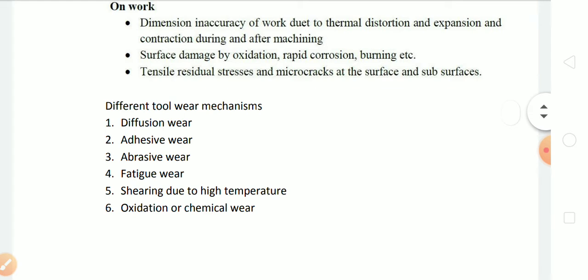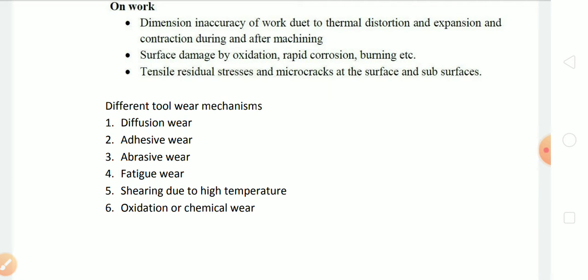The fourth one is fatigue wear, the fifth one is shearing due to high temperature, and the sixth one is oxidation or chemical wear. In these six mechanisms, the chief cause which plays the main role is temperature.